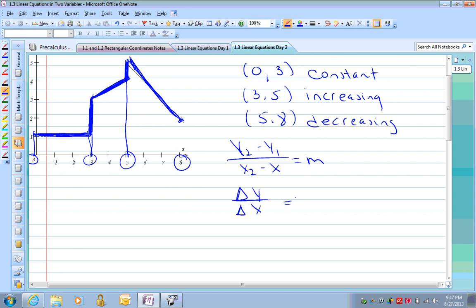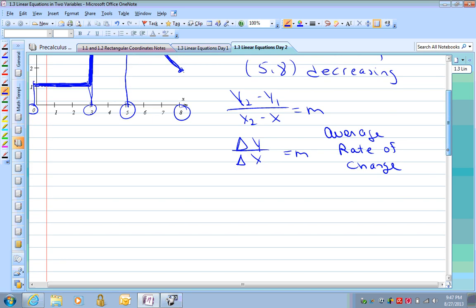That could also be our slope. And we're going to refer to this as the average rate of change, and that's really important that you say it that way going forward. It's the rate of change over time, and we're actually calculating the average rate of change over time, what's happening on average.